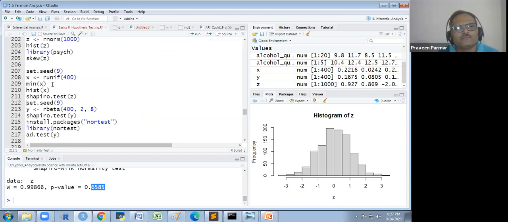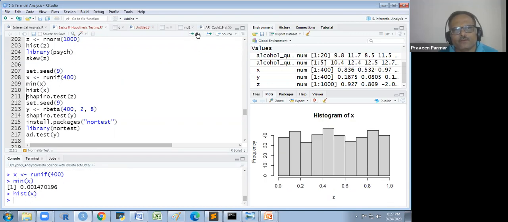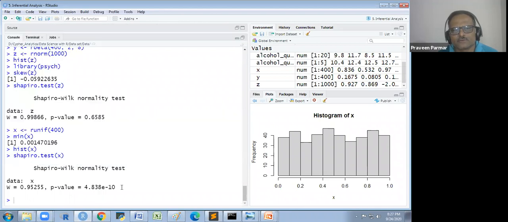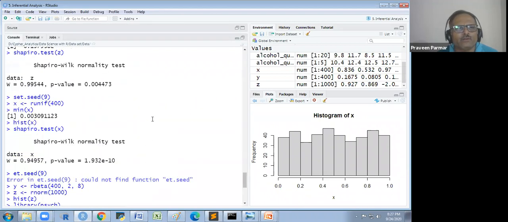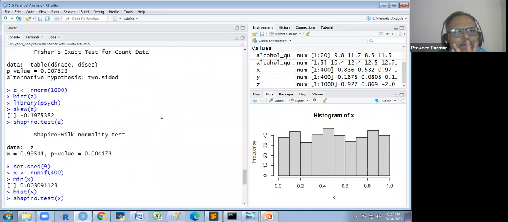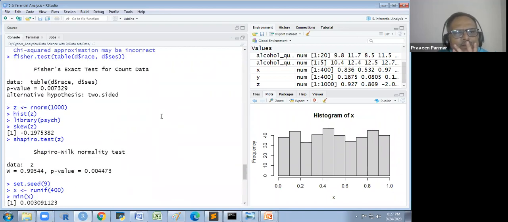And we see this in the X uniform distribution. So it is less than that. You will see if I write here X, it is less than 0.05. So it is not normal. So I will see what was the reason behind that. Why was it? We have taken the Z value.